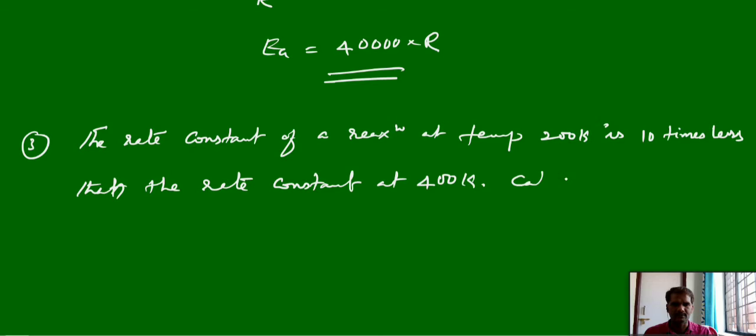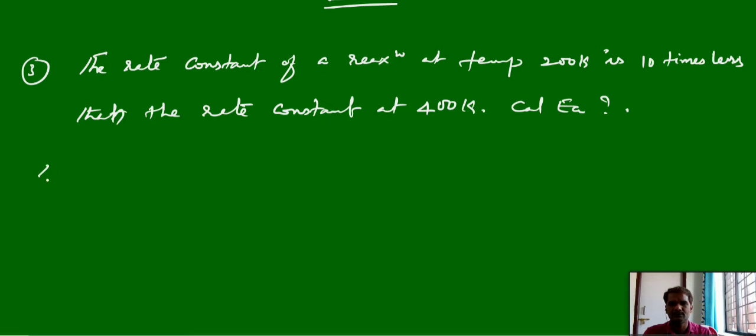Calculate activation energy. The rate constant of a reaction at a temperature 200 Kelvin is given that 10 times less than the rate constant at 400 Kelvin. Then what is the activation energy for that particular reaction?